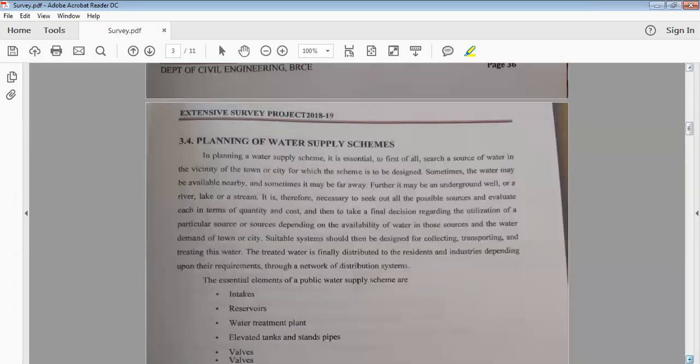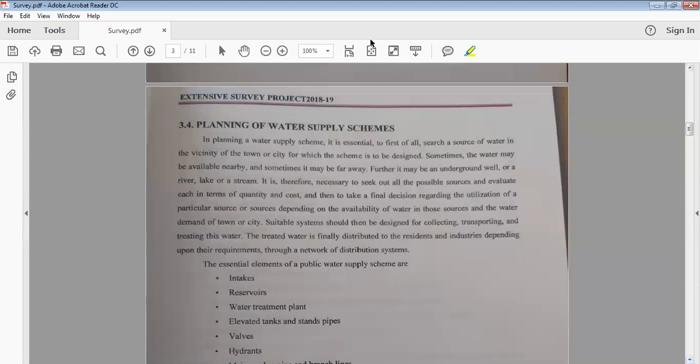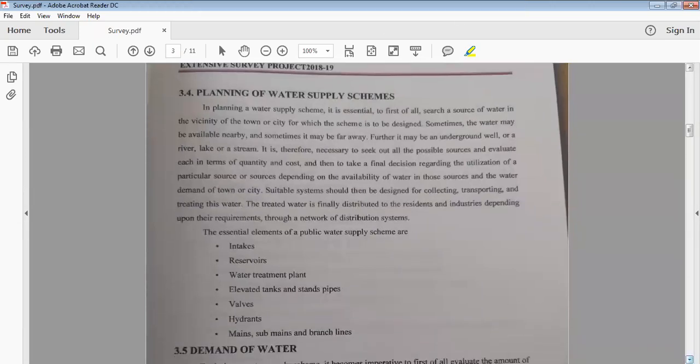So planning will take place from when? First we allocate some sources, right? Some water body source. It may be a river.